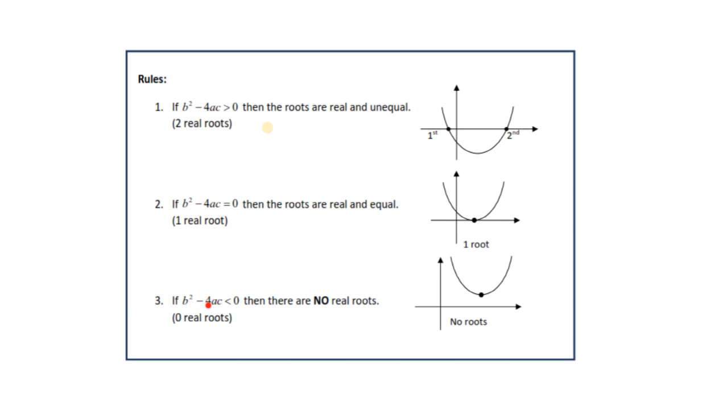If b squared subtract 4ac is less than 0, then that means there are no real roots. It means that the parabola itself is not going to cross the x-axis. It's not going to touch the x-axis at all. So you might want to pause the video just now so you can copy these three graphs into your notes jotter, and then we'll carry on with some examples.